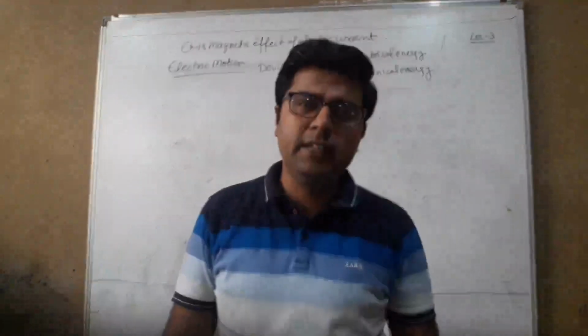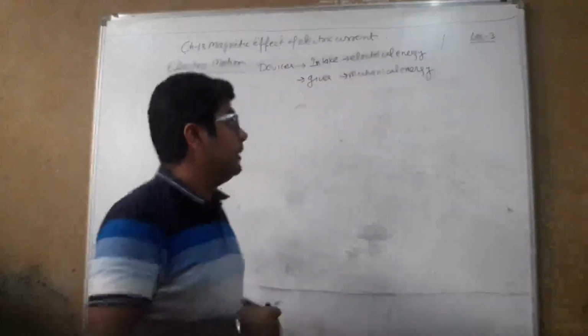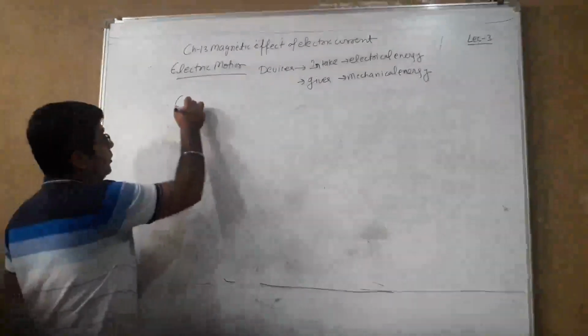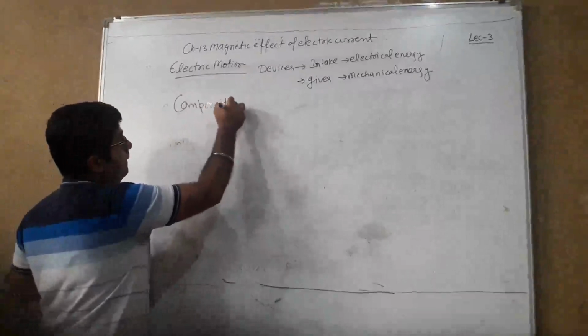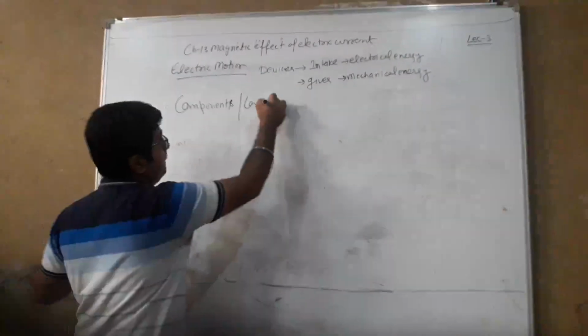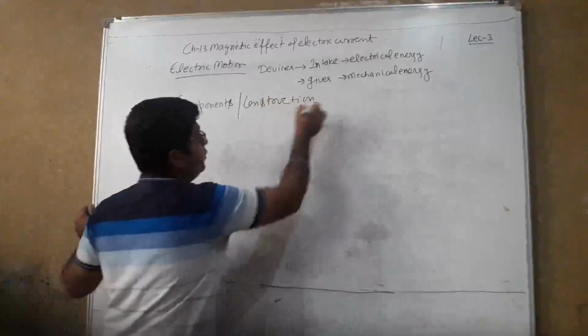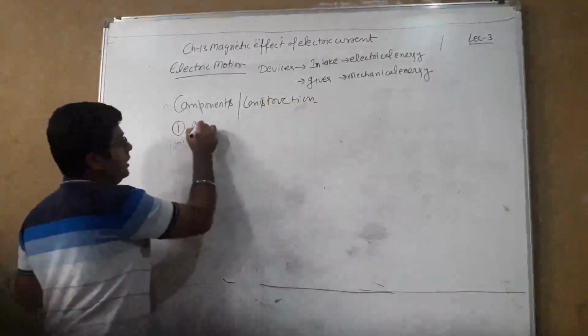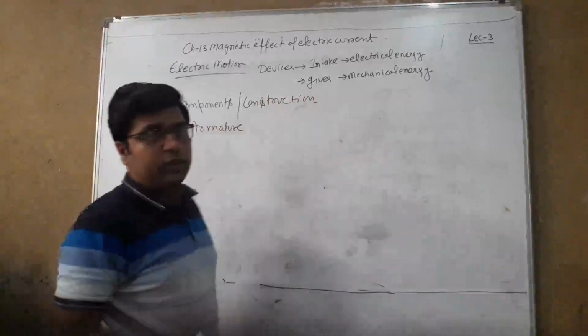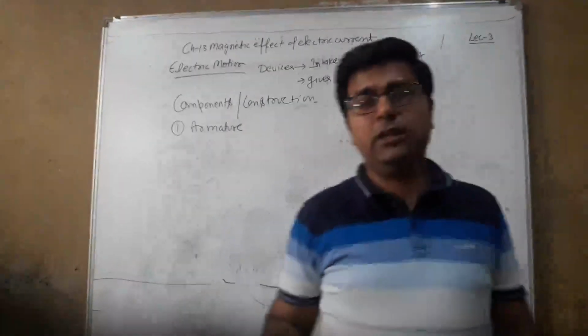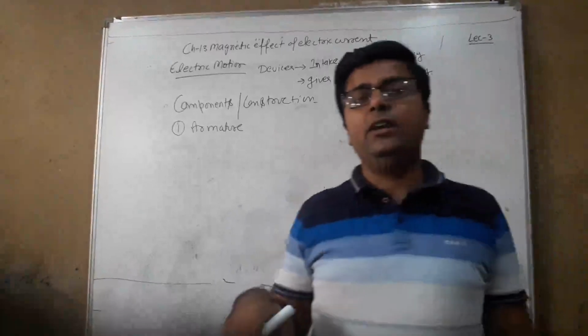Now the things inside the motor, or its construction. So what are the components, or the construction? We are going to find first the armature. What is an armature? An armature is a coiling of wire.